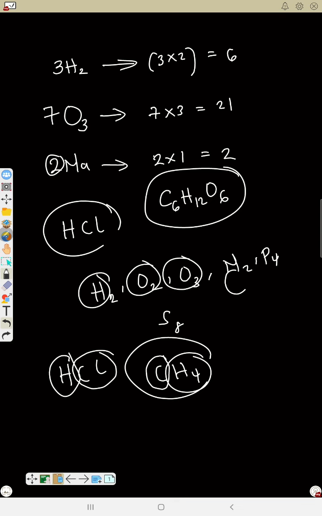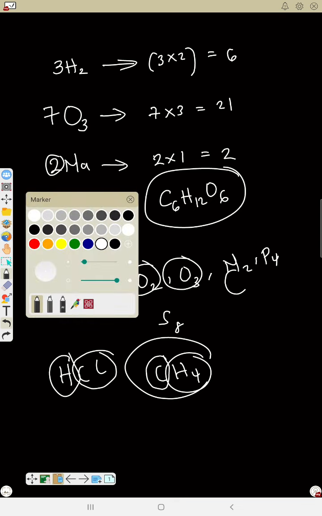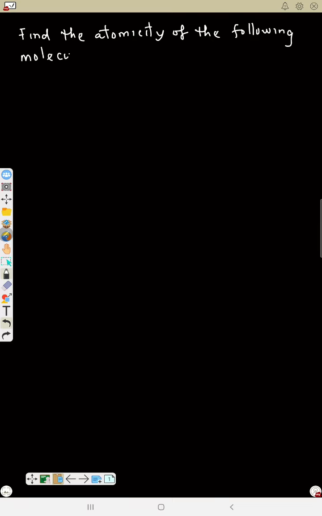So now let's see further examples on atomicity. Find the atomicity of the following molecules. A, HCl, you can see that is heteronuclear because it contains more than one element.